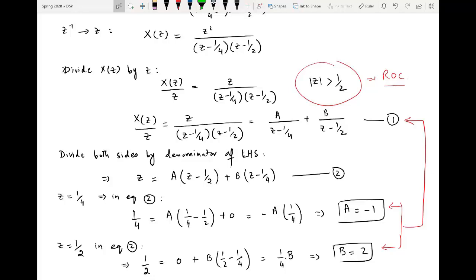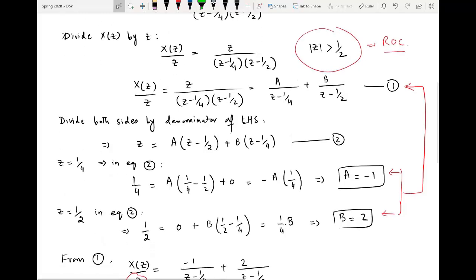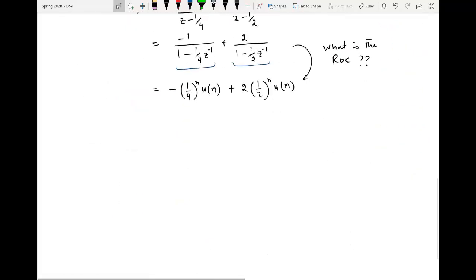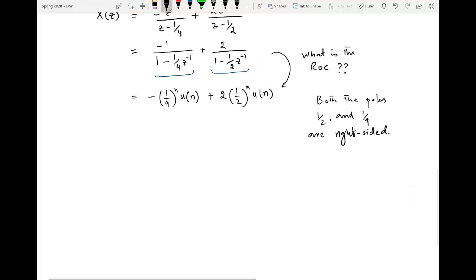It means the 1/2 pole is right sided, and the 1/4 pole also needs to be right sided. So due to this reason we have found out that both the poles, 1/2 and 1/4, are right sided. Due to this reason we have written this expression.